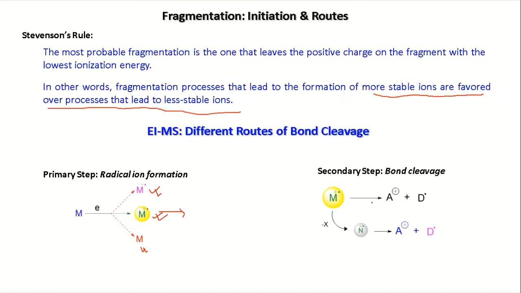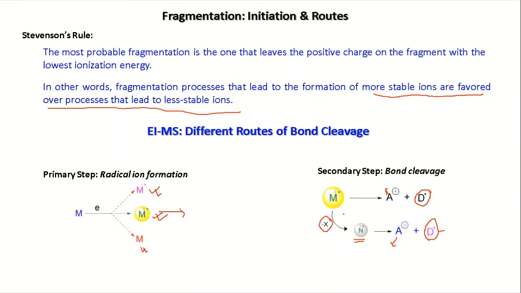In one case, it can release one radical and generate a cation. In another case, it can release one neutral molecule to become a smaller cation radical, and then the smaller cation radical can undergo fragmentation further and release one radical and one cation.